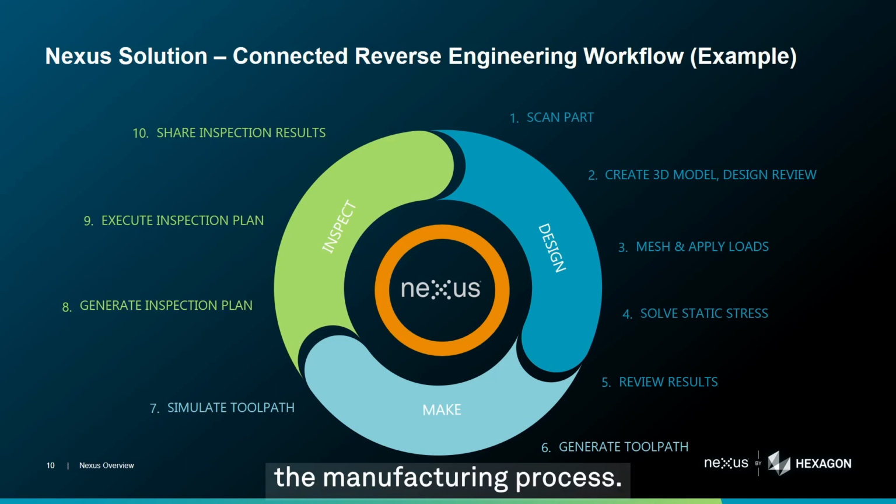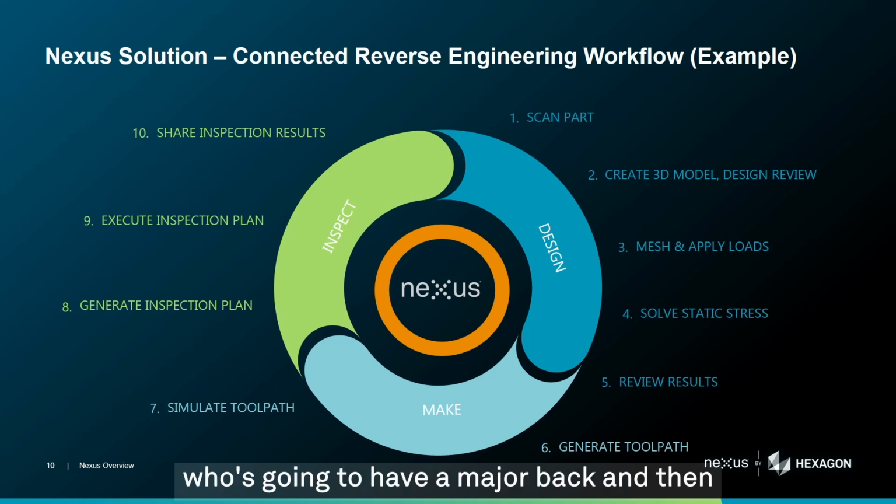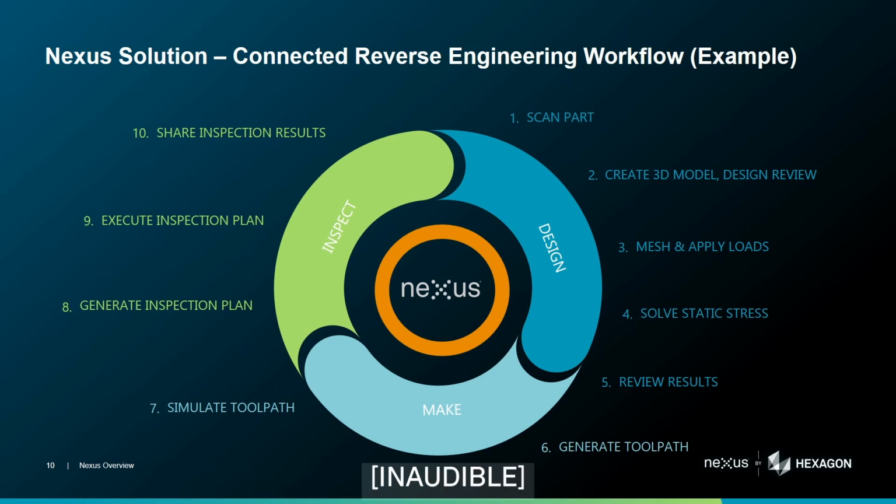Then you want to have the manufacturing process planners think about how that's going to be manufactured on the machine. And then we have, finally, the inspection person who's going to have to measure that and then provide the outcome of the measurement over to the design and specification.